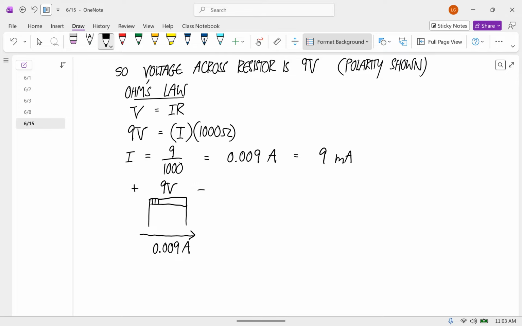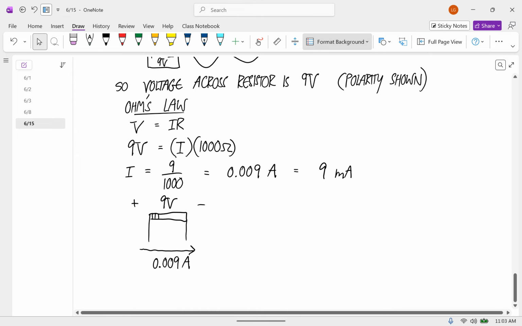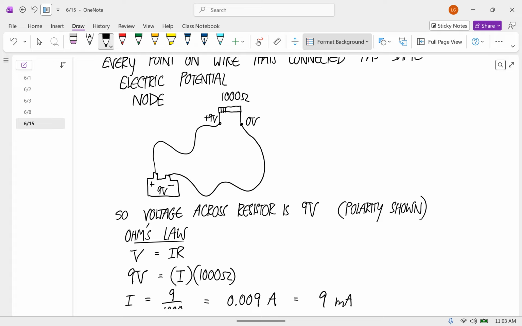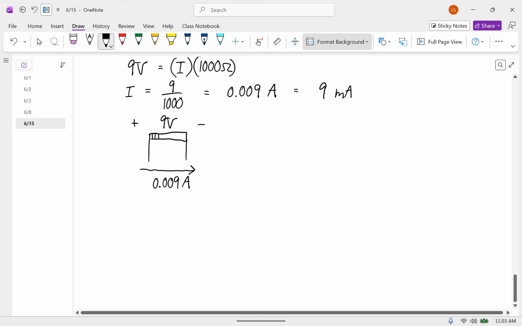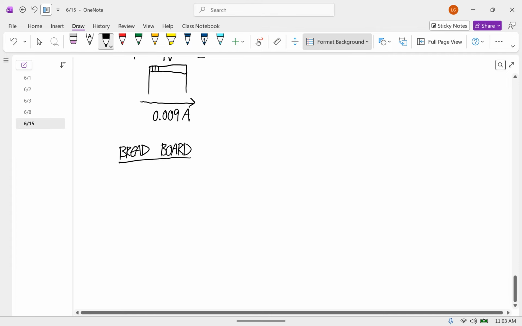Okay, if we wanted to make a circuit that looked like this, you can imagine doing it with alligator clips on everything, or taping things with electrical tape, but it gets a little cumbersome. So we have something in the kit that is going to be really useful called a breadboard. And it looks like this.